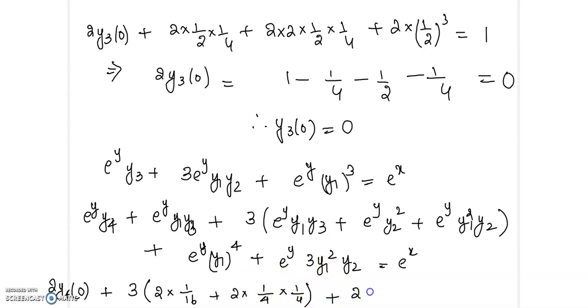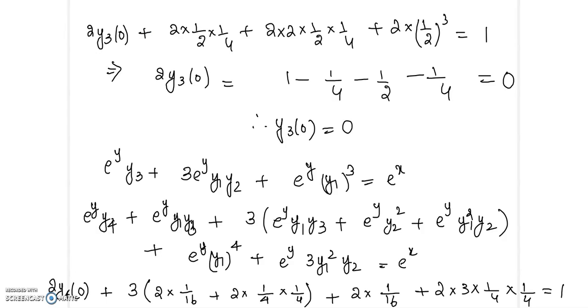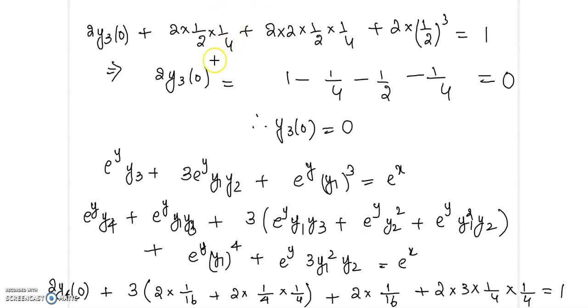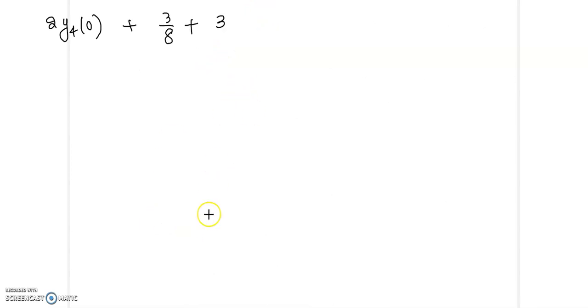Again plus 2 into 1/16 plus 2 into 3 into 1/4 into 1/4, that is equal to 1. So we'll get 2 y4 at 0 plus 3/8 plus 3/8 again, that will be 3/4. Write it as 3/4.